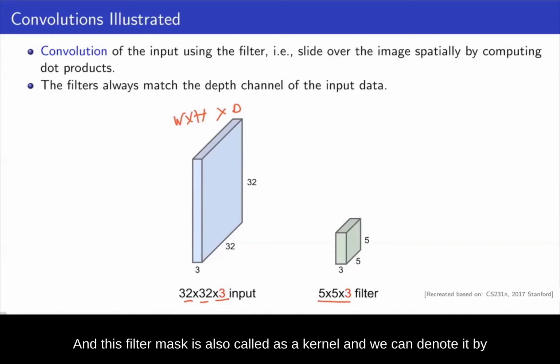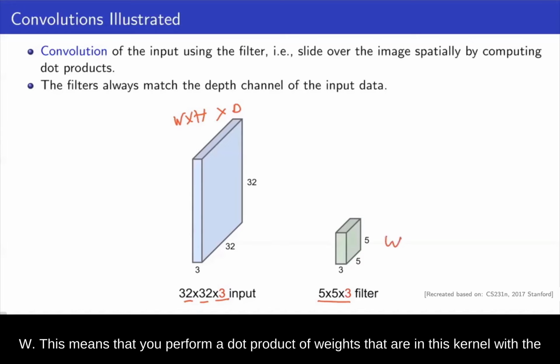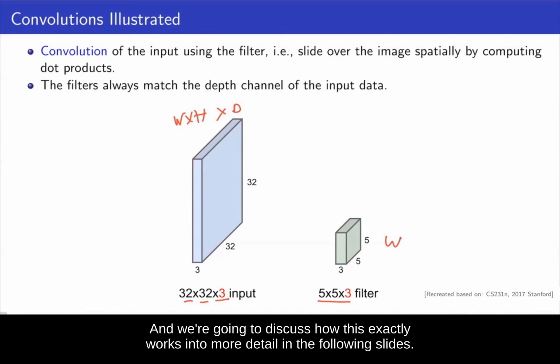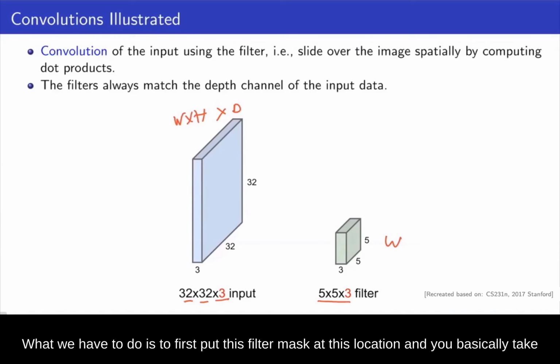And this filter mask is also called a kernel, and we can denote it by W. This means that you perform a dot product of the weights that are in this kernel with the underlying pixels after you place this kernel at this spatial location in the input. We're going to discuss how this works in more detail in the following slides.